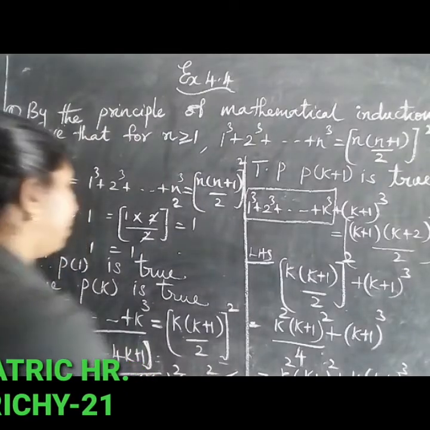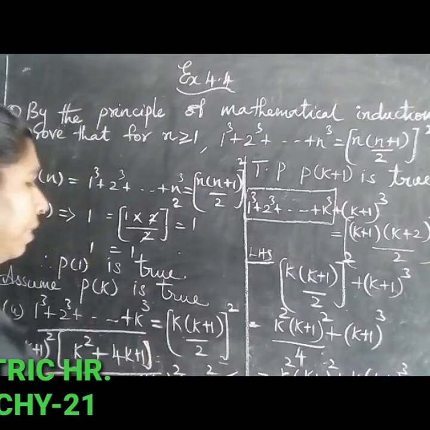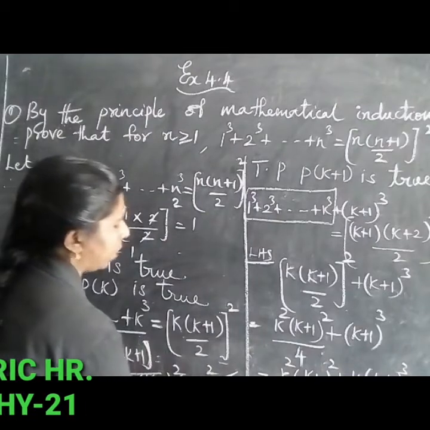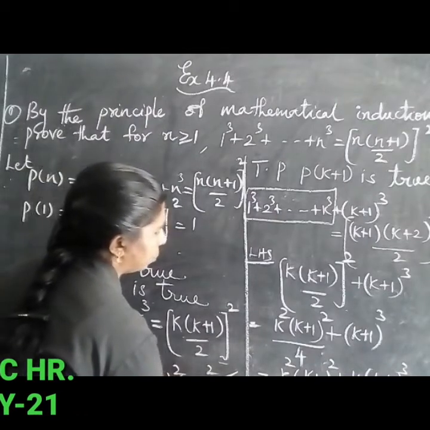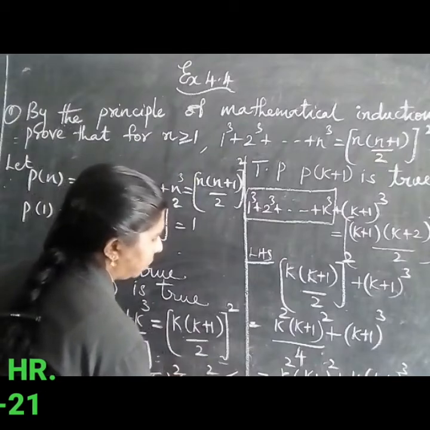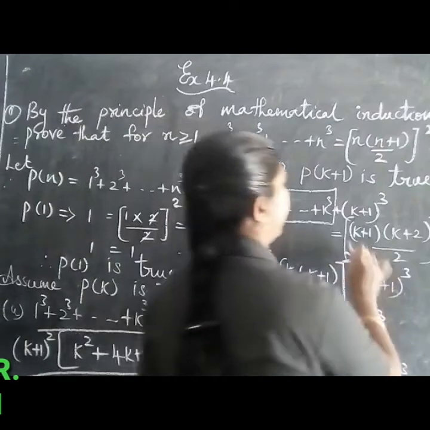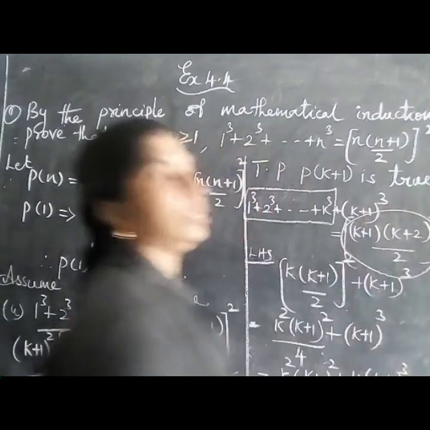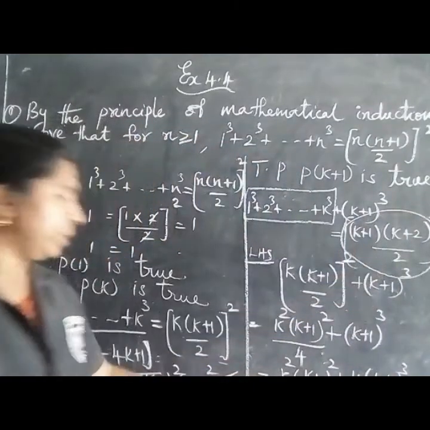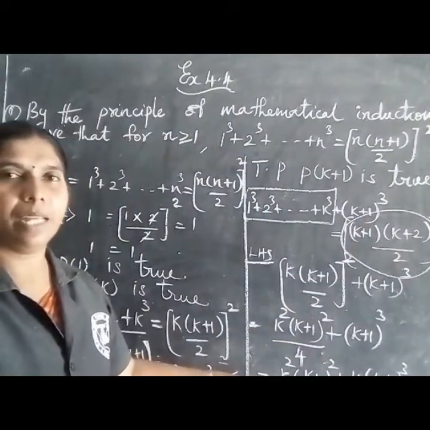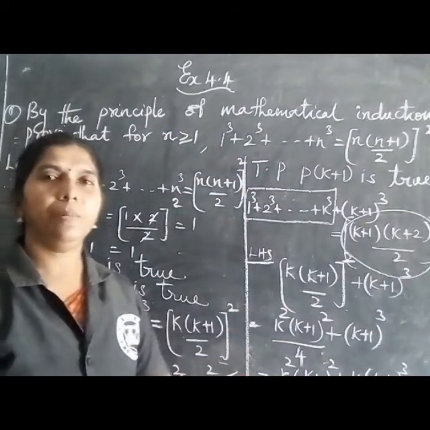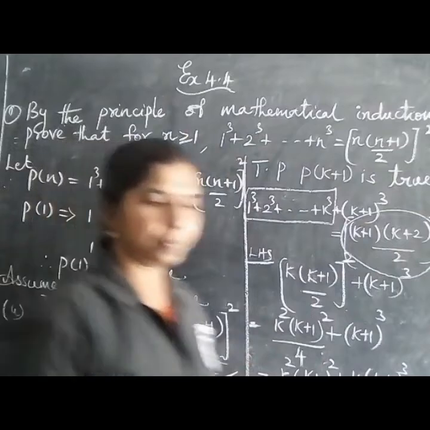If you want to express as a perfect square, this can be written as [(k+1)(k+2)/2] the whole square. That is only given at the right side. Like this we can prove by using mathematical induction.